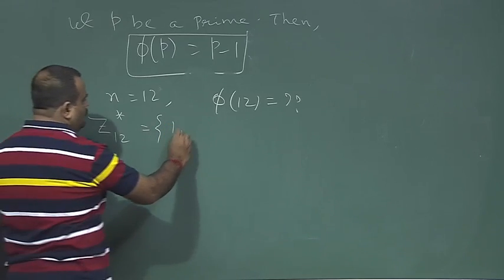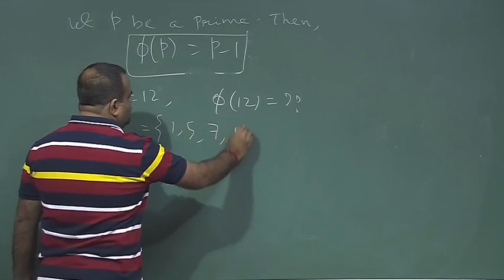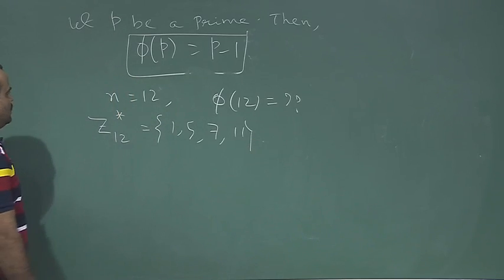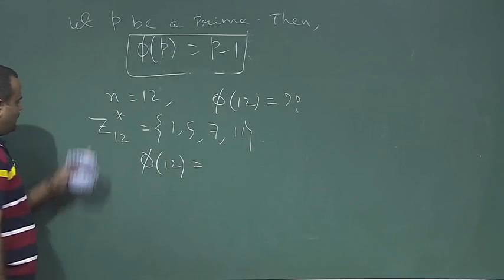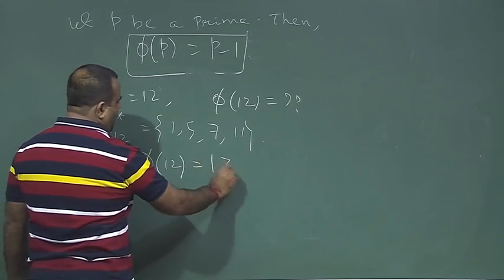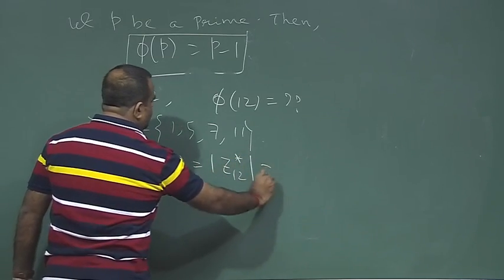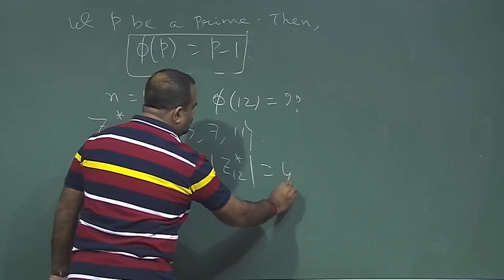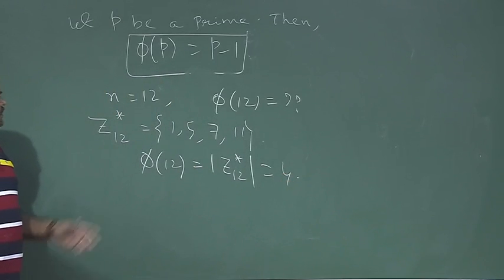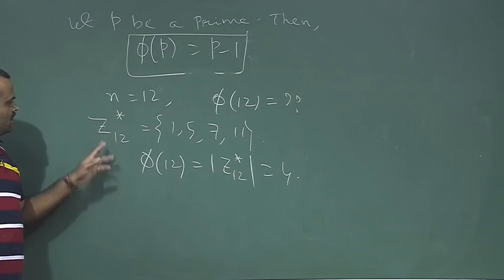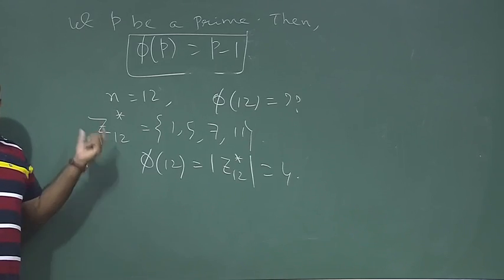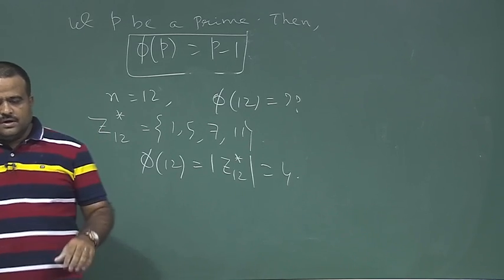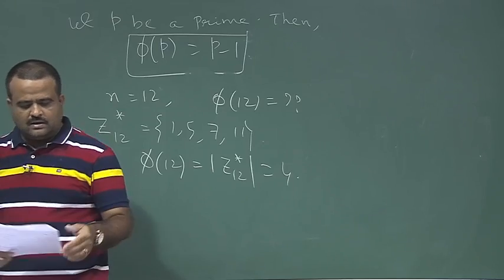So, this is basically 1, 5, 7, 11. So, basically phi 12, Euler phi function on 12, is the cardinality of this set, which is 4. Okay. So, we want to have a formula for finding the cardinality of this set, that means the phi function in general where n is not a prime.